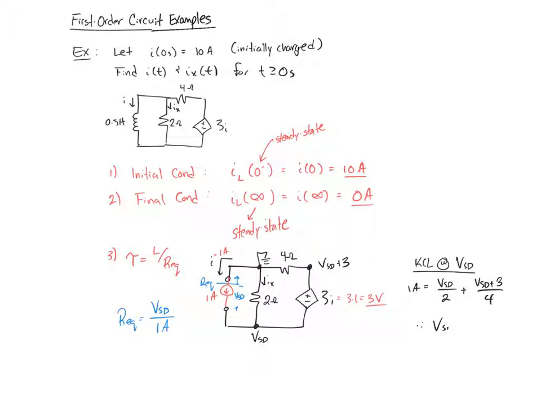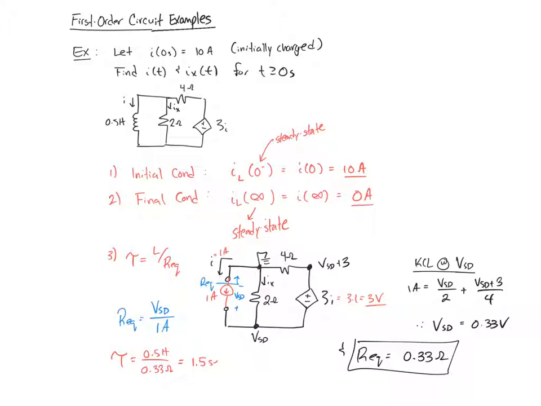Solve this, and I get V_SD is equal to 0.33 volts, and R equivalent is therefore 0.33 ohms. And finally, based on this, we can write that tau is 0.5 henries over 0.33 ohms, or 1.5 seconds.